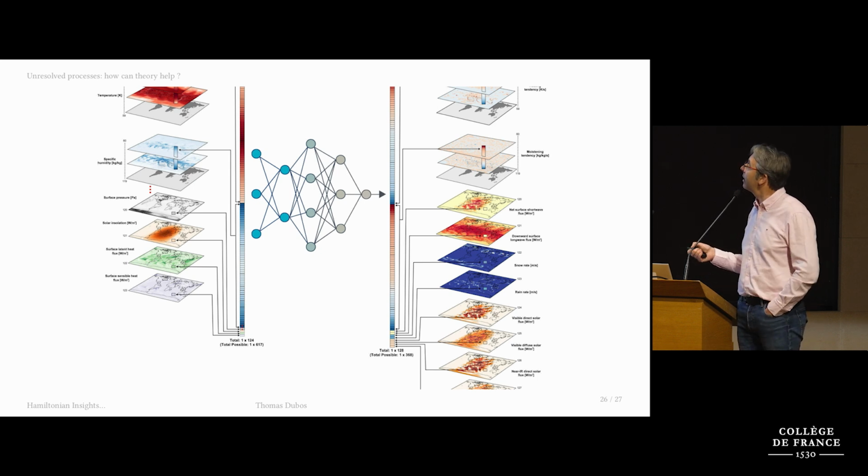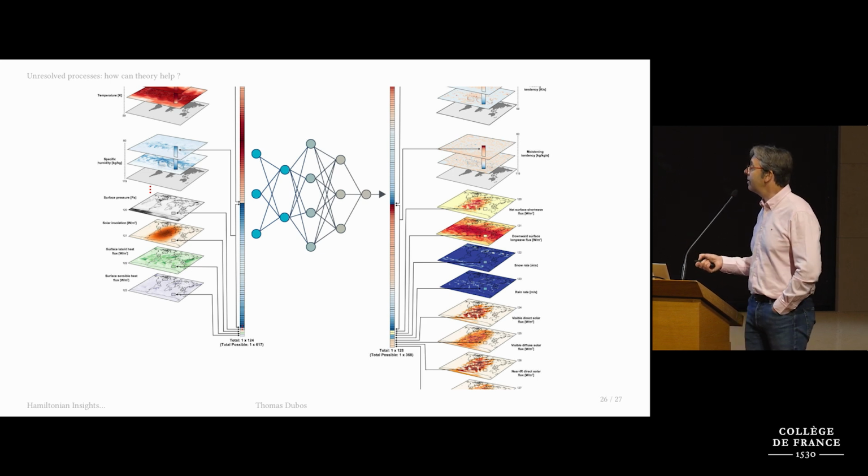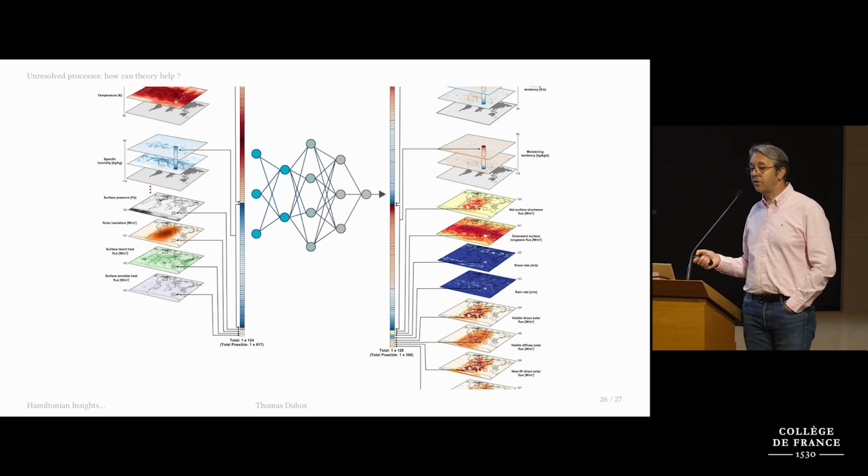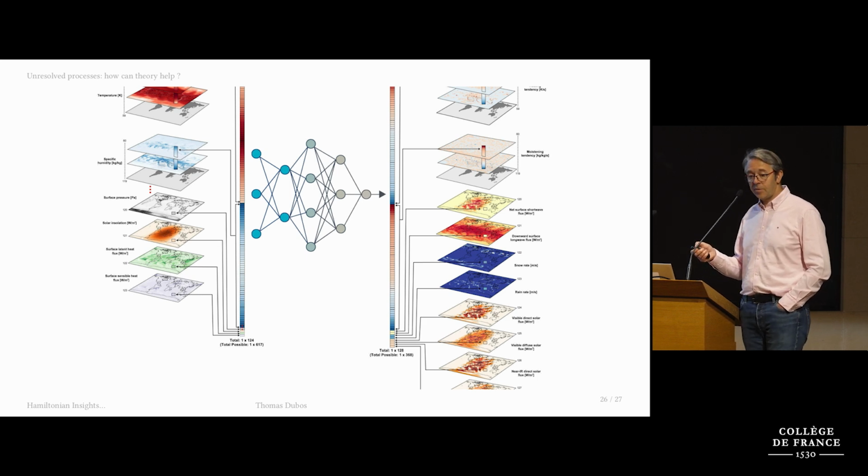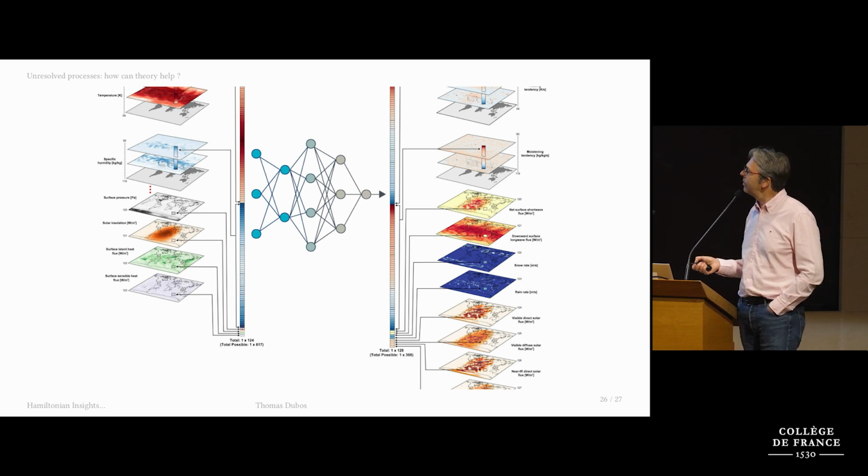I'll come back to that initial picture. So in this ClimSim data set, they just looked at what's written in the papers. The physics package will take each column independently.